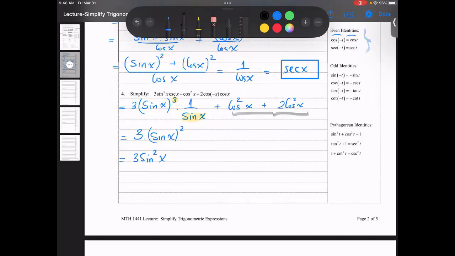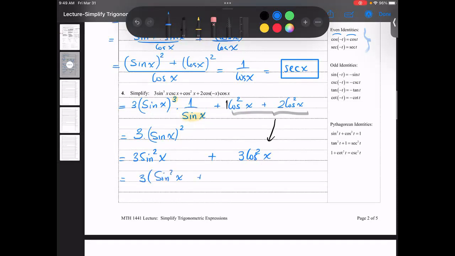D2 right here was equal to 1 plus 2 is 3, right? So that's 3 cosine square x plus 3 sine square x. I see you guys treat this as 1 and this as 1, then 3 plus 3, but no, you have to factor out what? The 3, right? If you want a trig identity, you factor out the 3.